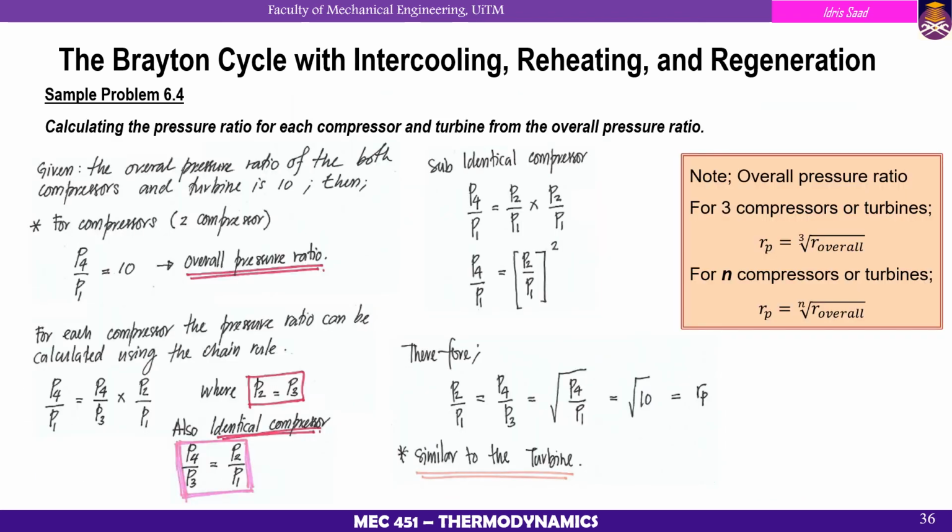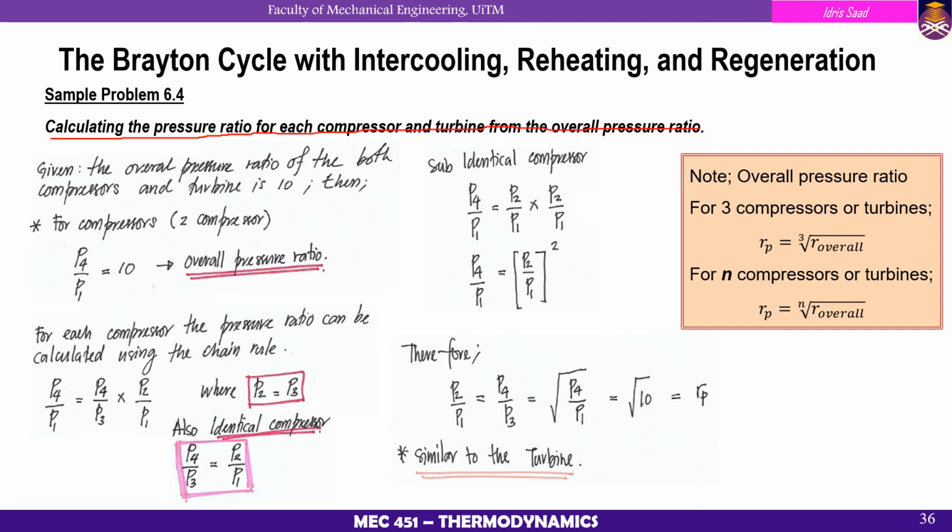Recall that for isentropic compression and isentropic expansion, we need to use the isentropic equation, which uses the pressure ratio Rp. However, the question gives us the overall pressure ratio across all the turbines and compressors. So now we have to calculate the pressure ratio for each compressor and turbine from the overall pressure ratio.